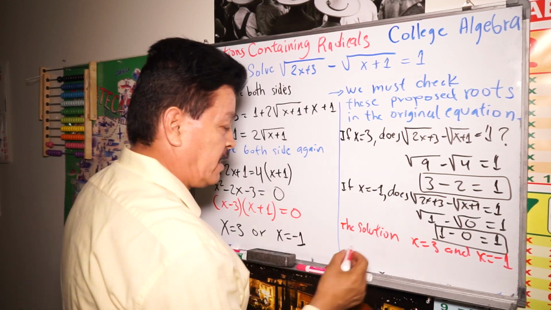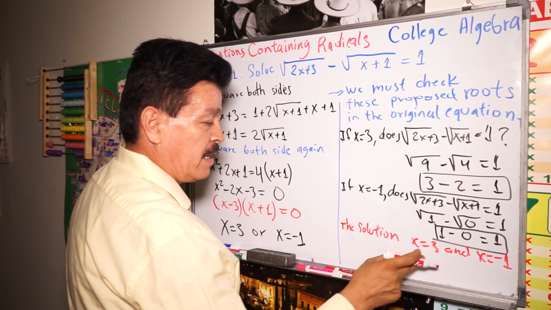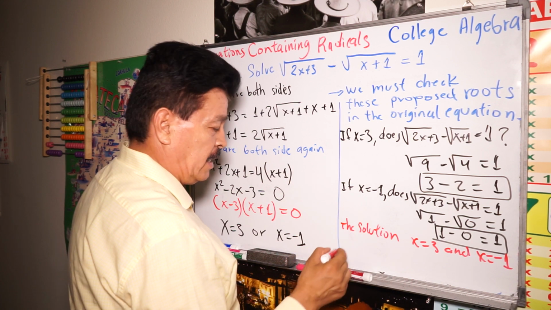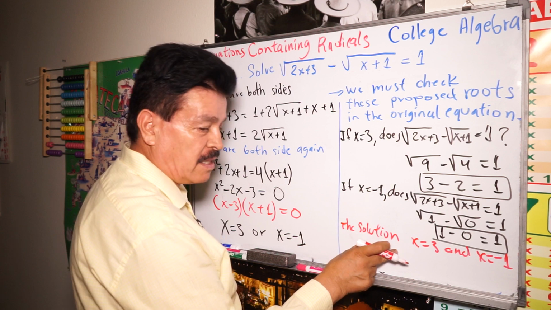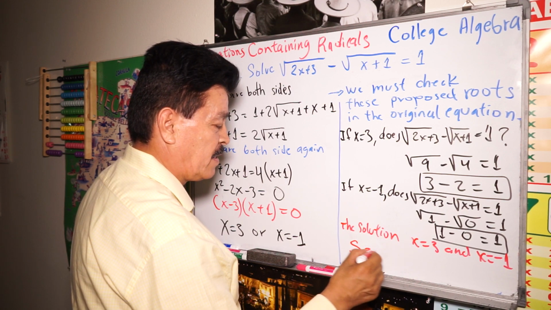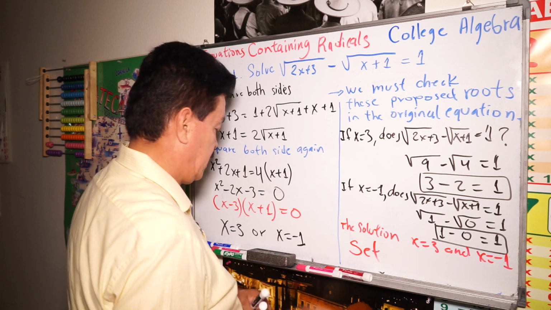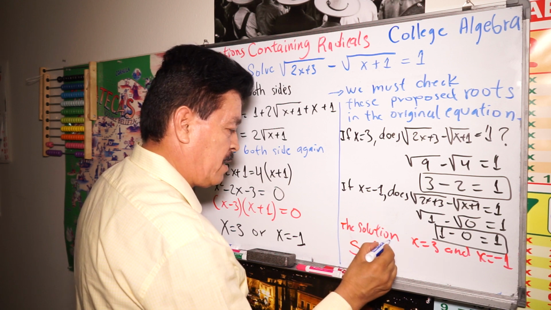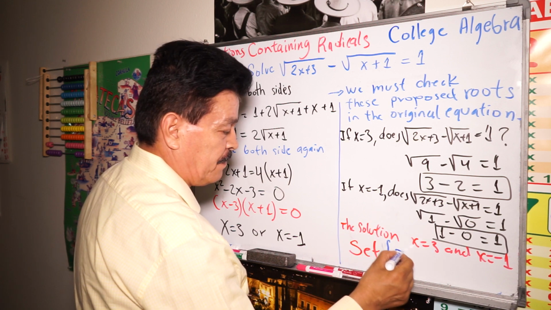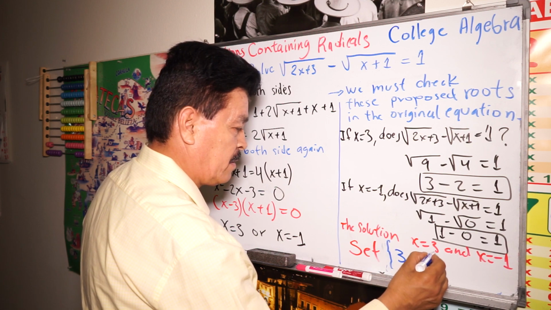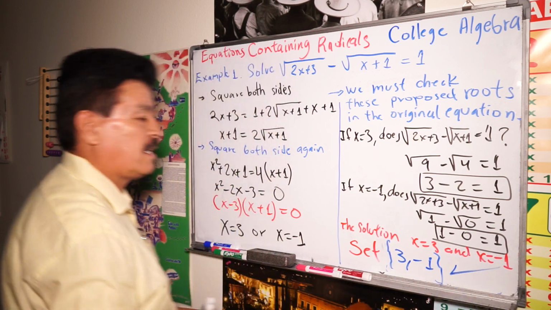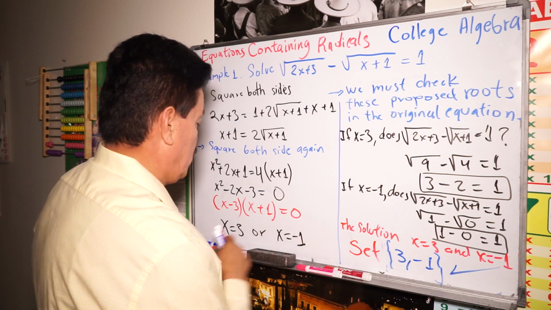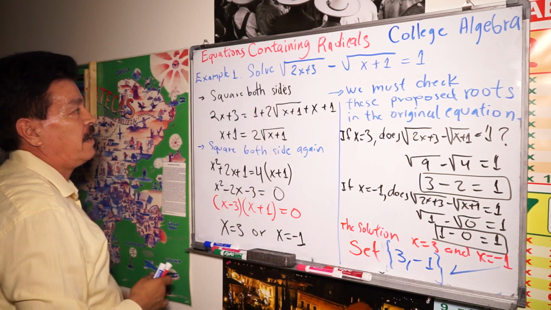Let me write this set: 3 and negative 1. That's the solution. This set is the solution of this equation.